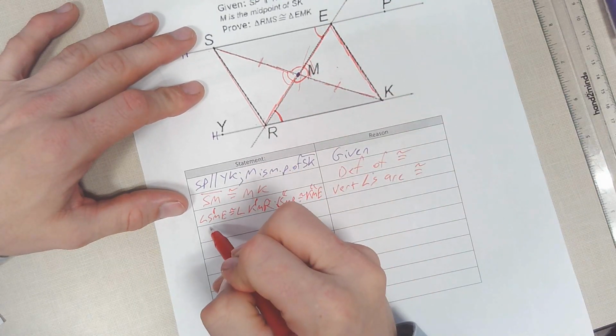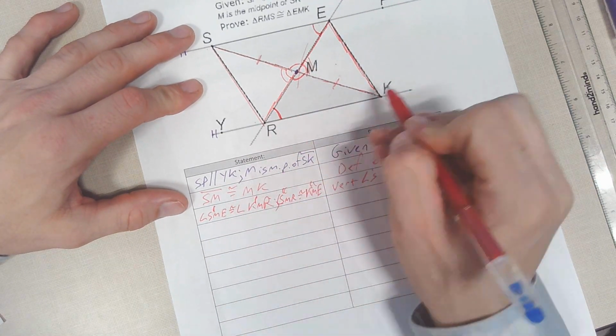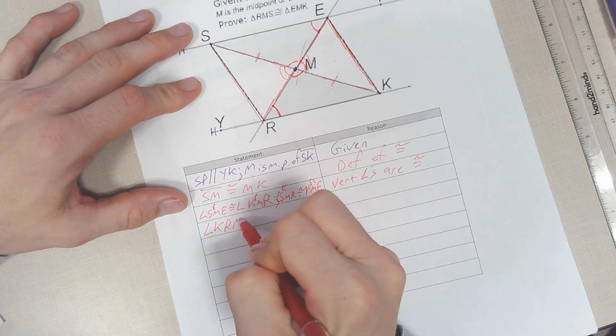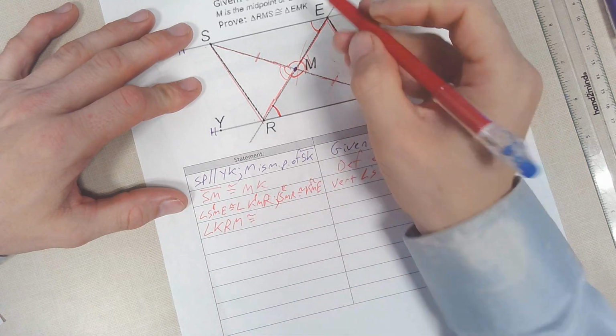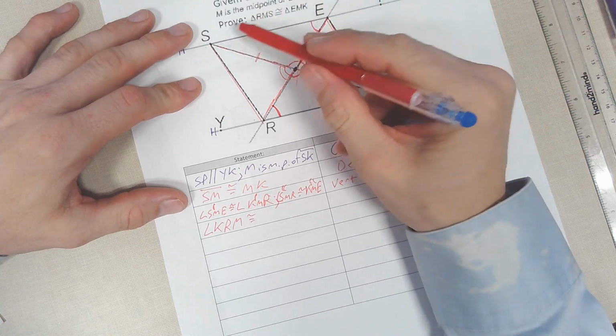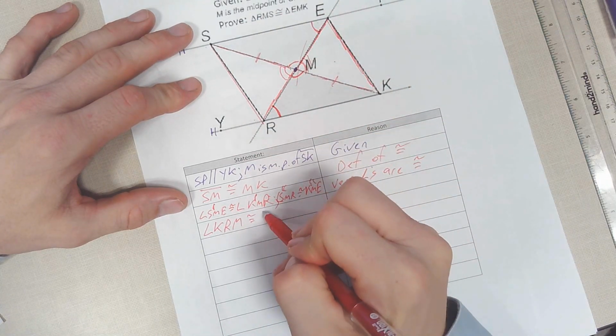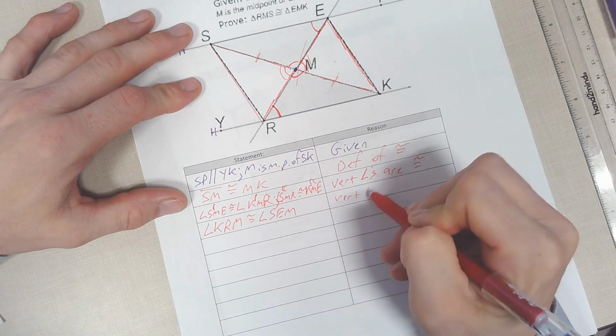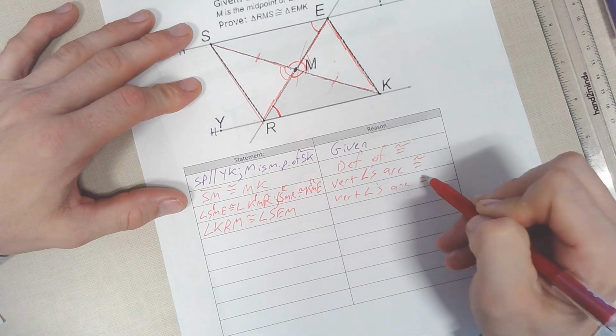So I can say angle KRM is congruent to angle SEM, because vertical angles are congruent.